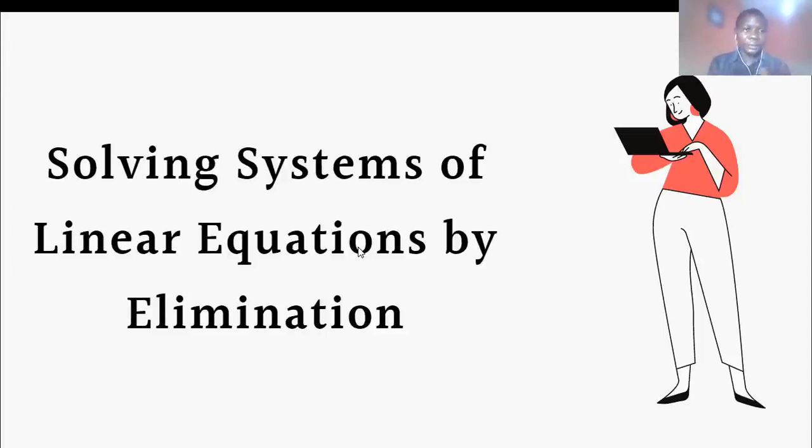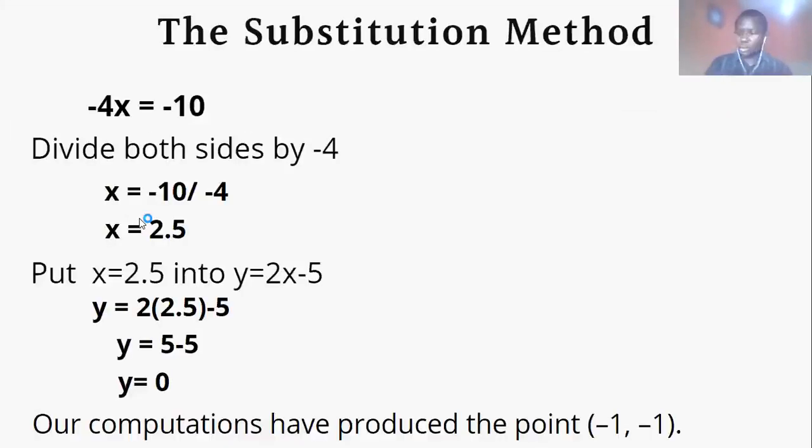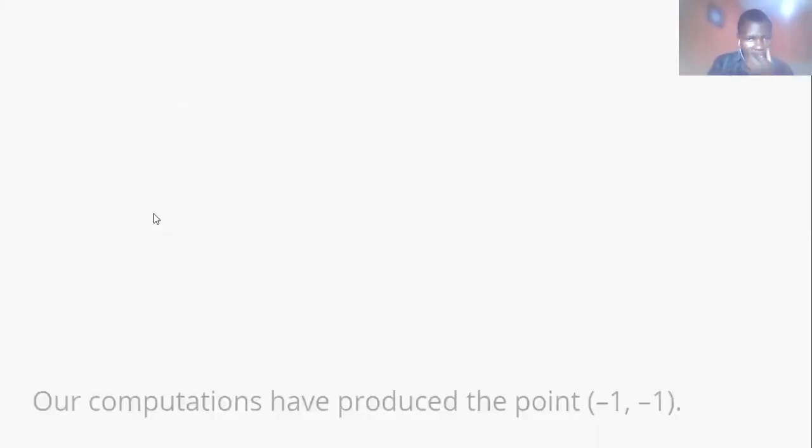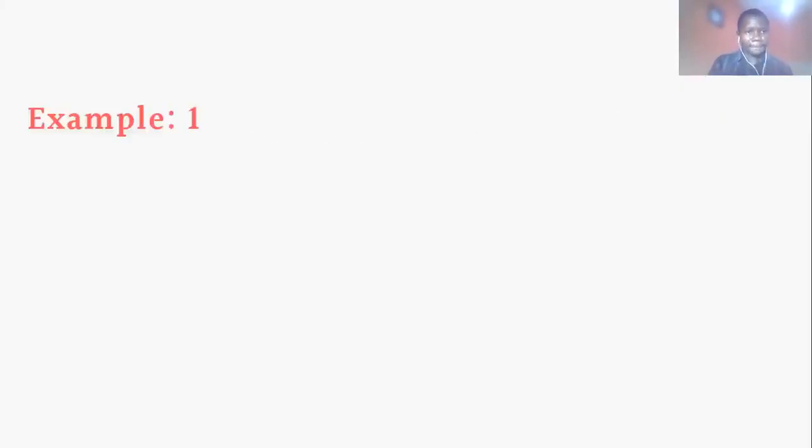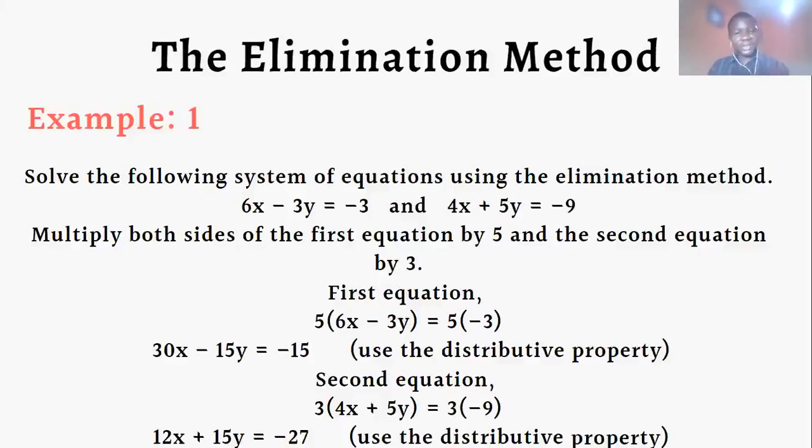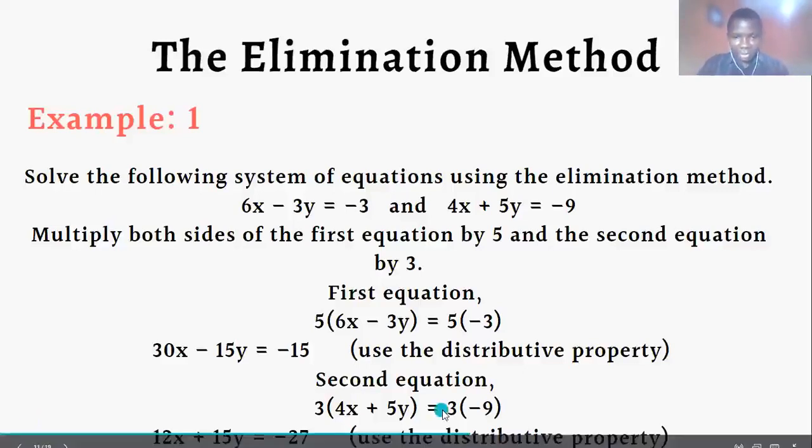While solving the equations, let us move to the next one. So elimination method. Now example one on the elimination method. So we have this kind of question. I'm tempted to use the whiteboard. Let me click the whiteboard.